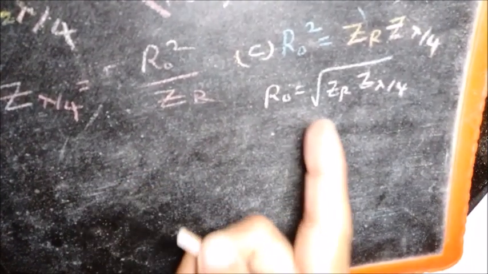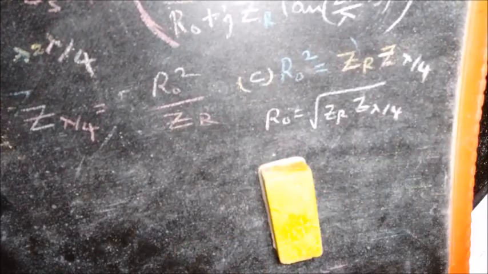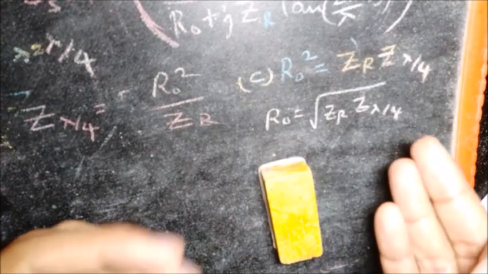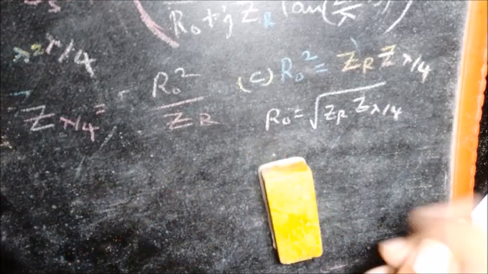And remember, this is something that we have artificially achieved, in the sense R0 is somehow made equal to root of ZR Z lambda by 4, or the load impedance and Z lambda by 4 are such that the square root, the geometric mean, is equal to R0.